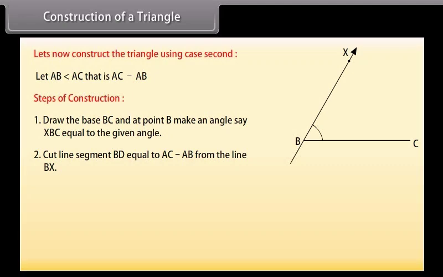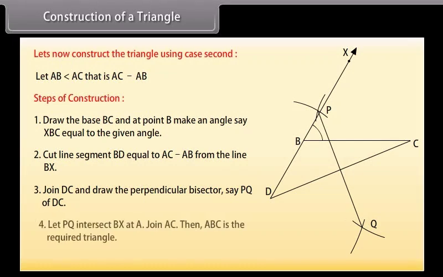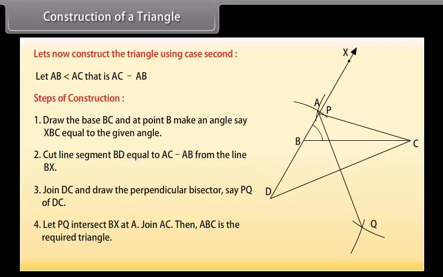Next is to cut line segment BD equal to AC minus AB from the line BX. Now join DC and draw the perpendicular bisector, say PQ of DC. Let PQ intersect BX at A. Join AC. Then ABC is the required triangle.